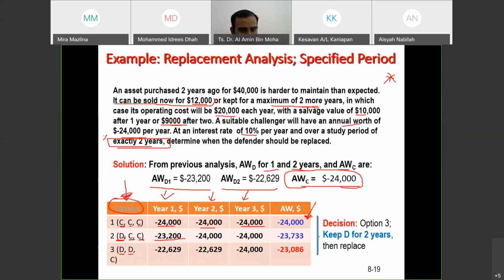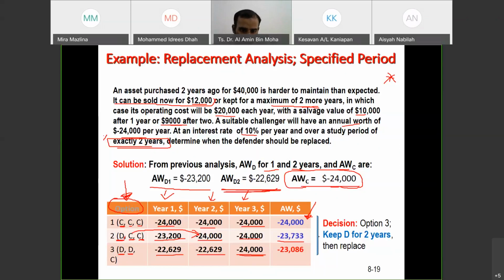And then for D2, they change to the new asset, so it's 24, 24, and you get the average of 23. And what if they keep the defender for 2 more years? D2, using it for two years, is 22,629. And then in year 3 is the new machine or new asset, which is 24.